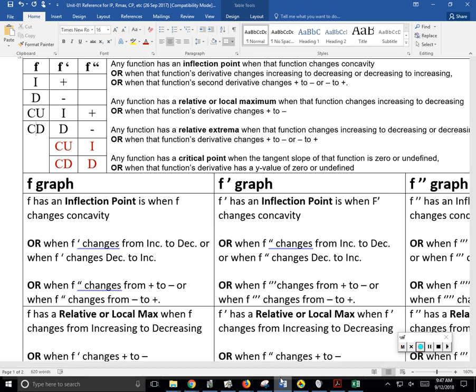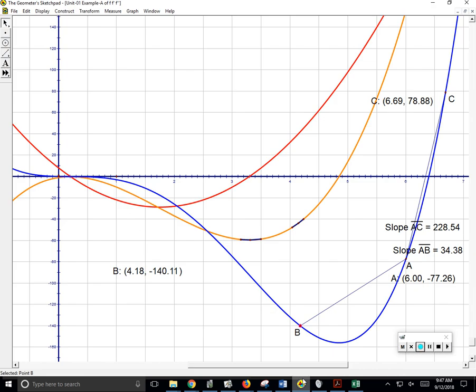It's just what it says. Anytime the graph does this. Global means in whatever window we're looking at, what is the absolute lowest point? So it's possible, as is the case here, that this local min is also the global min. But you can have local mins that are not the global min.